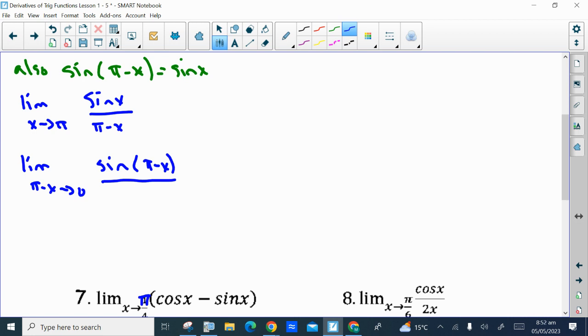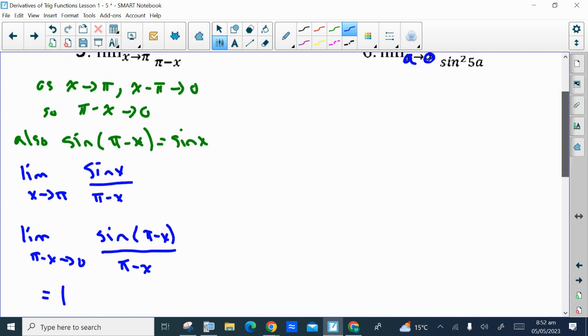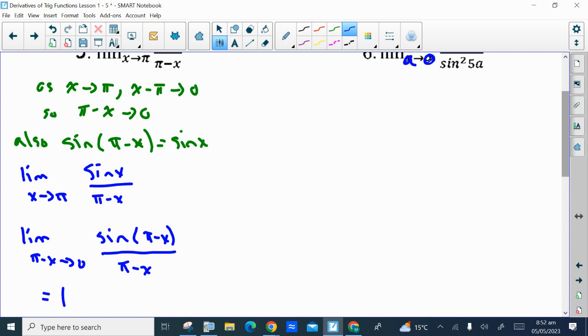The sine of x is also equal to the sine of pi minus x over pi minus x. And again, because we have this argument equaling the denominator, this is 1. That's the same as sine theta over theta. The limit as the denominator approaches 0 of sine theta over theta equals 1. Right, so there's that one done.